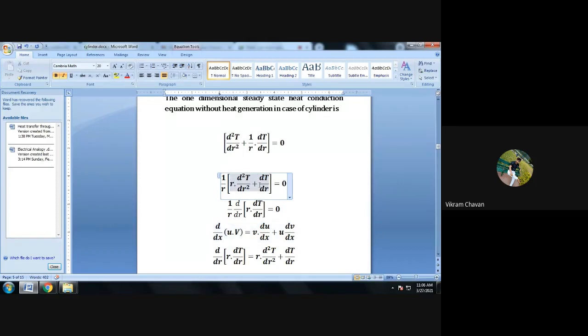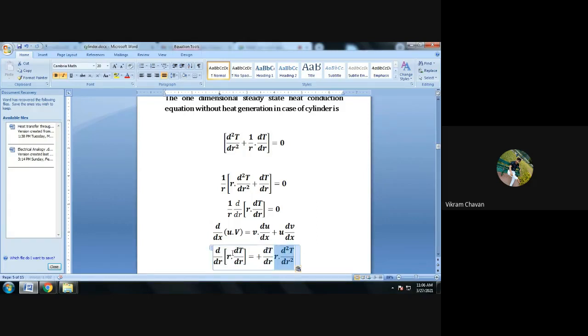If we differentiate r multiplied by dT/dr with respect to r, we get r multiplied by d2T/dr2 plus dT/dr. So instead of this, we can write d/dr of the bracket r multiplied by dT/dr.